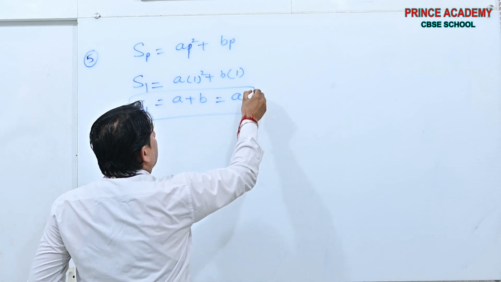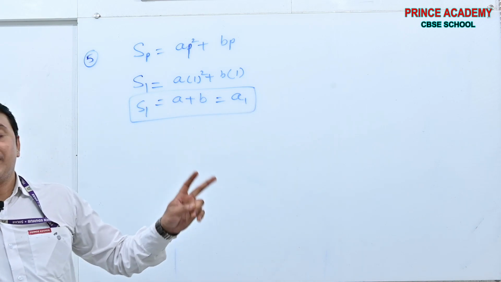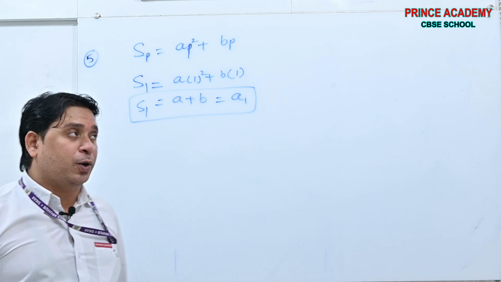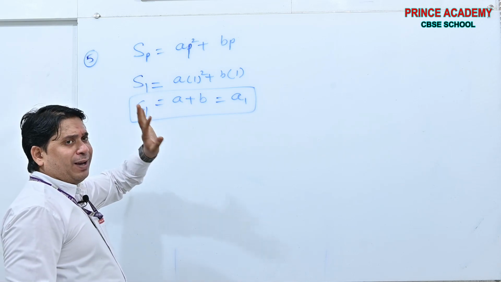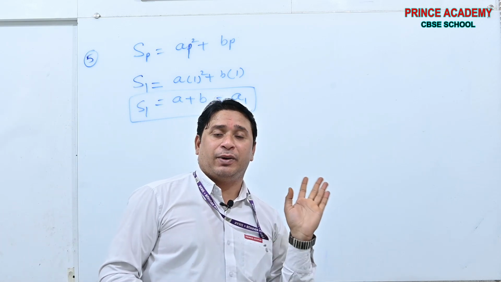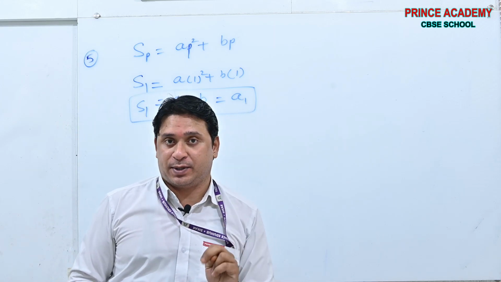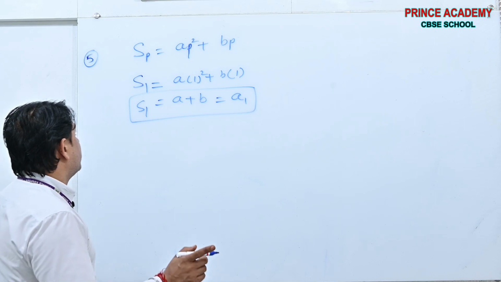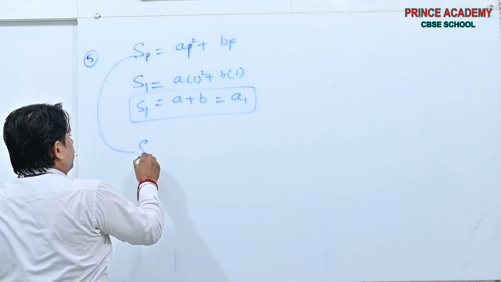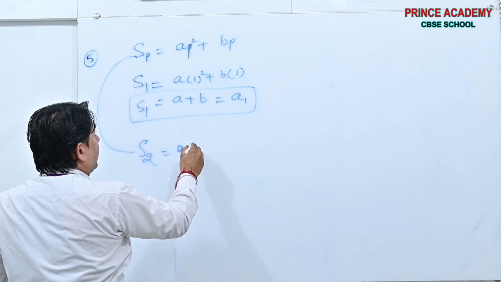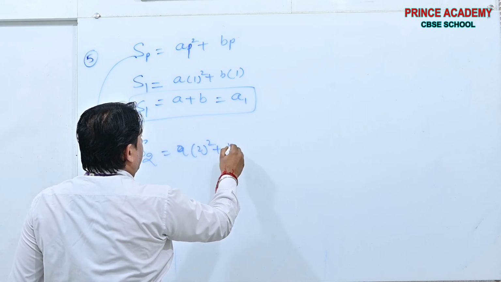S1 is A1. S2 means the sum of the first two terms, A1 plus A2. When I put P equal to 2, A into 2 square plus B into 2.